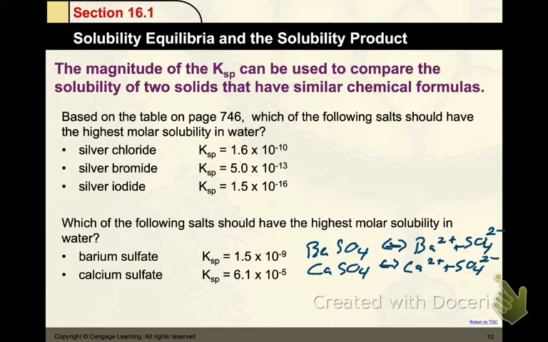So you can compare those straight to each other. Which one has the higher Ksp? Calcium sulfate has the higher Ksp. So it is also going to have the higher molar solubility in water.